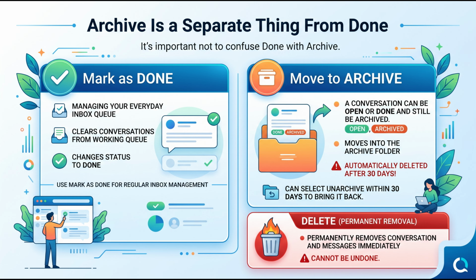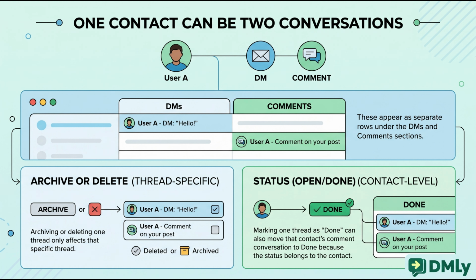So if you simply want to clear a conversation from your working queue, use Mark as Done. Instead, if you need to bring an archived conversation back, you can select Unarchive Conversation within those 30 days. Keep in mind that delete permanently removes the conversation and its messages immediately and cannot be undone.